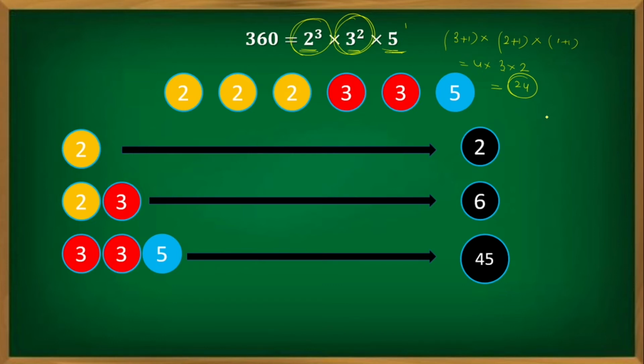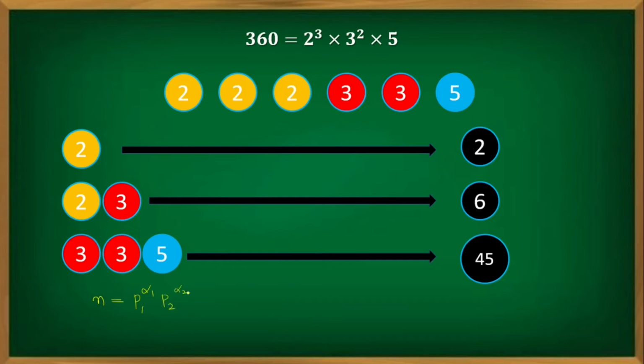So can we formulate this now? Let's suppose you have a number n which can be written in canonical form, like p1 to the power of alpha 1, where p1 is a prime, p2 to the power of alpha 2, p3 to the power of alpha 3, and so on up to pr to the power of alpha r.